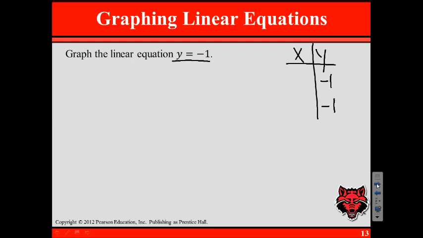Now, because there is no x variable in the equation, we can set x to equal any real number. This is the only situation where one of our variables can be any real number. This is not the case as we go through and try to solve when both x and y are present in the equation. So let's choose 0 and -5.